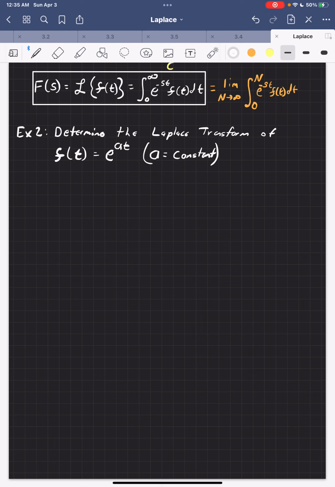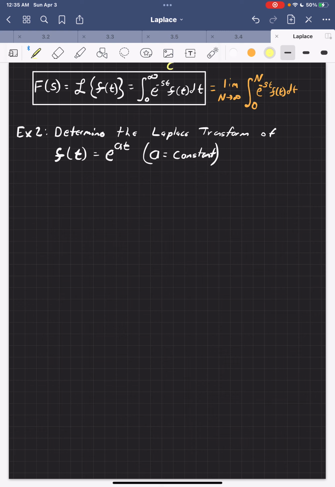All right. So we have our function, and let's go ahead and start to set up the Laplace transformation. So I'm going to be going right here, since I know that I'm going to be integrating from 0 to infinity anyway. So let's just go ahead and start setting that up.